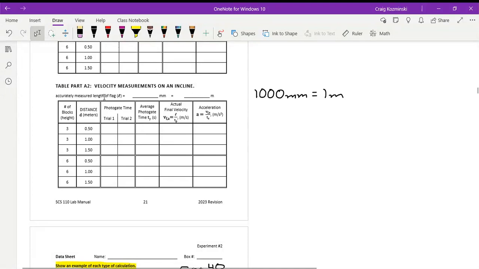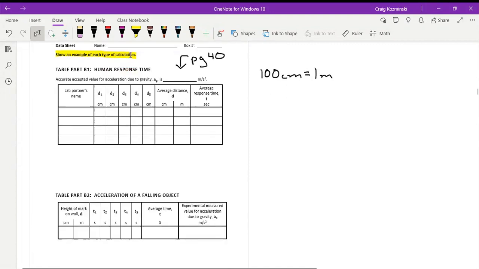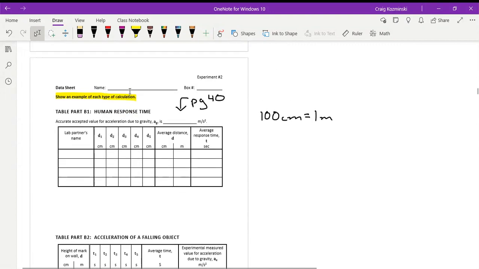In table part A2, I've given you the necessary conversion factor for converting the length of the flag in units of millimeters to units of meters, because in order to calculate the actual final velocity, we'll be using units of meters.